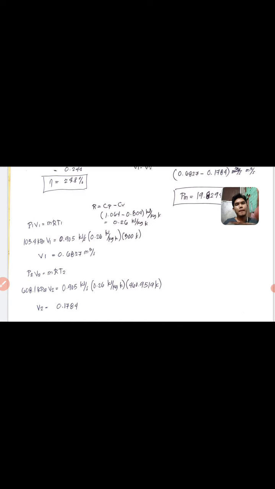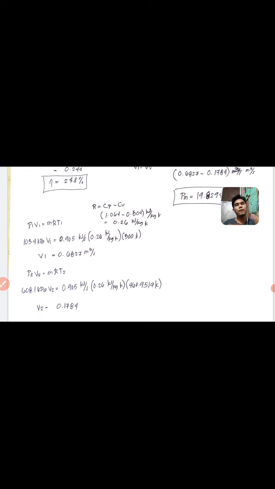Using the perfect gas law, P1 V1 is equal to m R T1. Since we don't have the value of R, we should compute it first, which is Cp minus Cv, since we have the values of these two. So the value of our R now is 0.26 kilojoule per kilogram Kelvin.